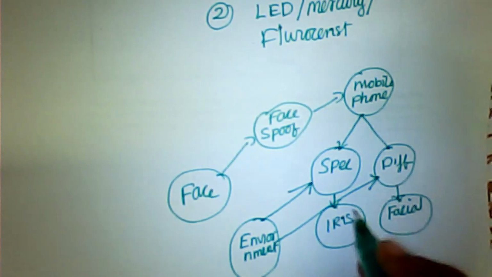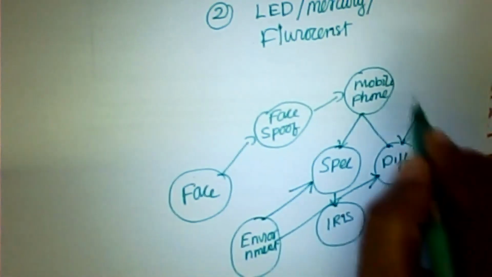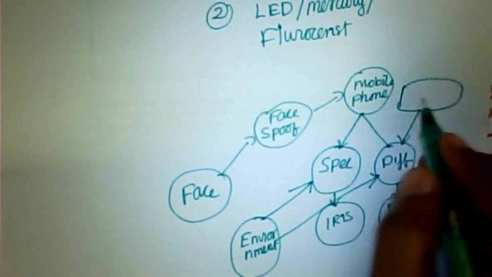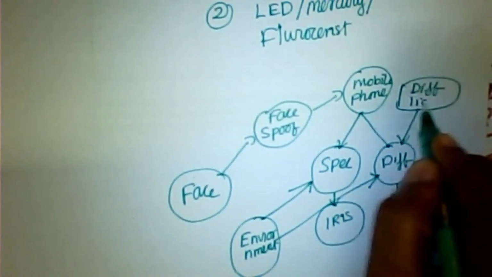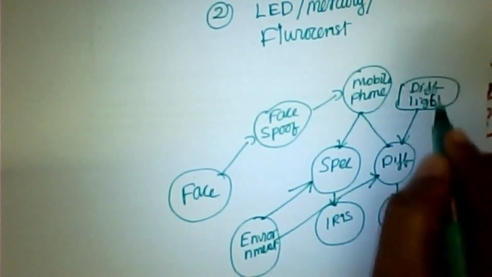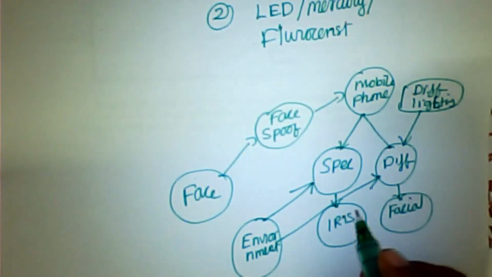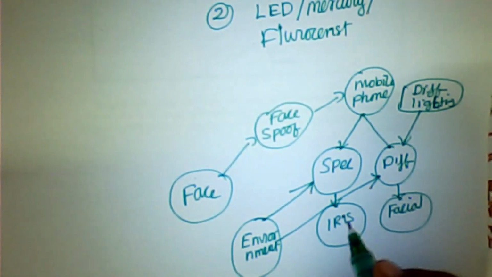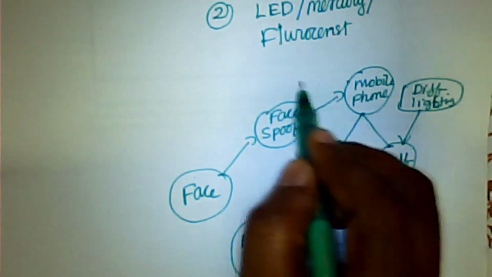Now after having the environmental conditions, what about the different lighting? These are all the questions. What are the other questions I can put beyond this particular topic? When you use your mobile phone, I have a lot of questions.